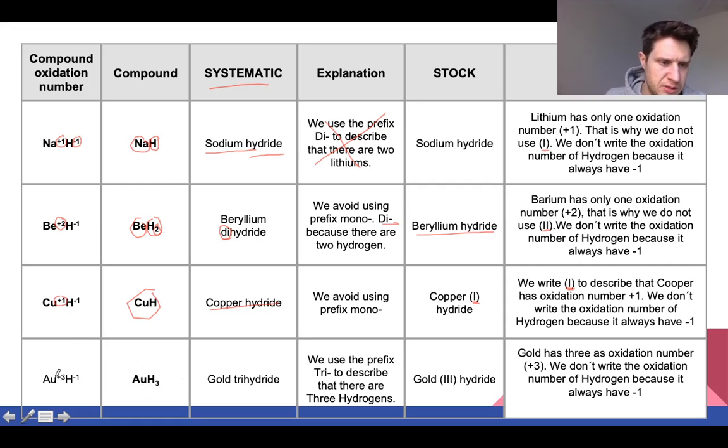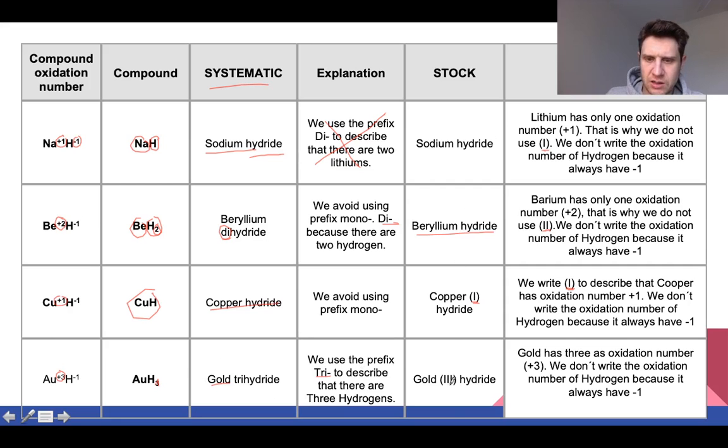The last example in this slide is gold. Gold has oxidation number 3, it has many others, but in this case 3. So we write it close to the hydrogen. So gold trihydride, 3 because it means that we have 3 hydrogens.